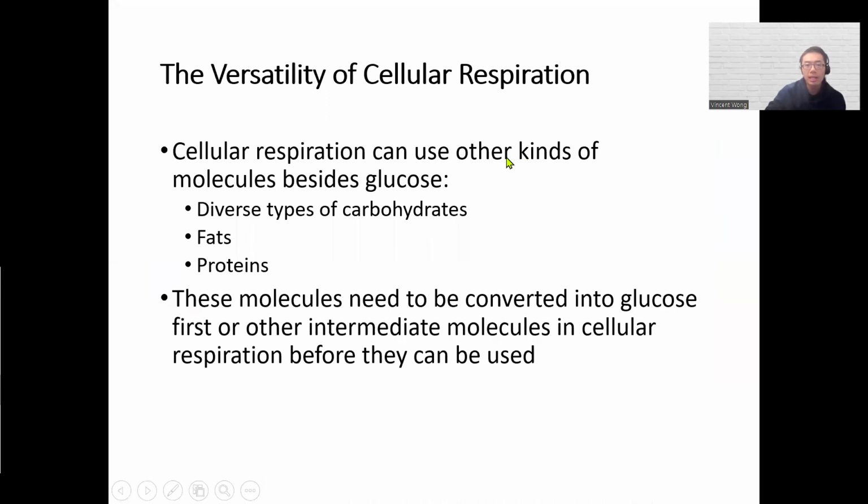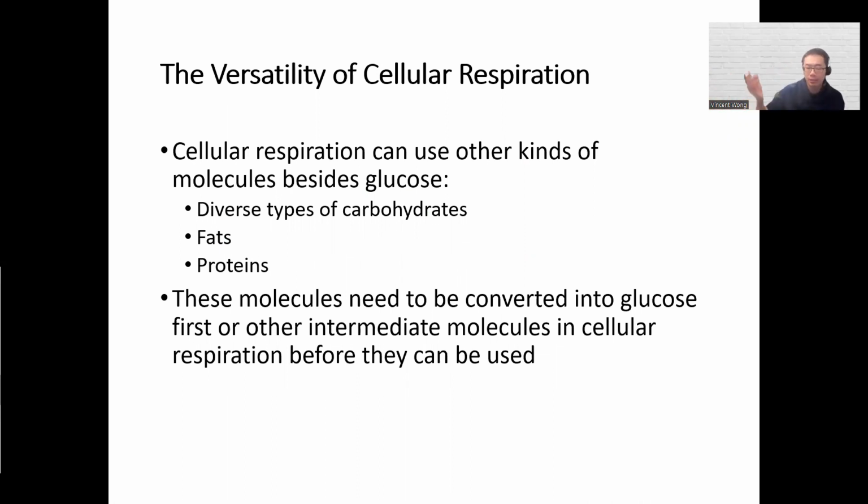Cellular respiration can use other kinds of molecules besides glucose. We're not going to go into a lot of details, but it's enough to know that fats and proteins can be broken down and fed into the different steps of cellular respiration. For example, when you break down fat, and you might recall from lecture 2, fat is glycerol plus fatty acid.